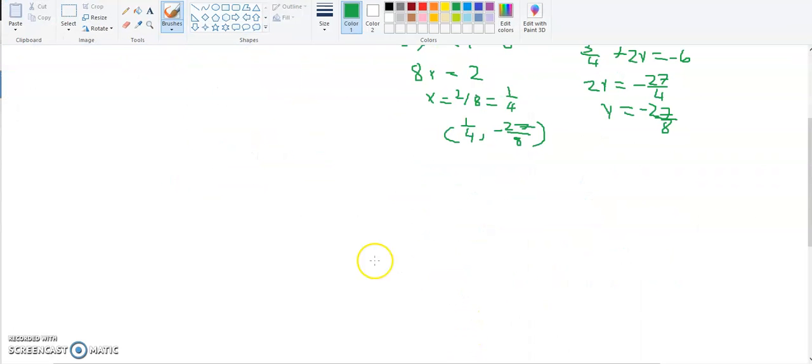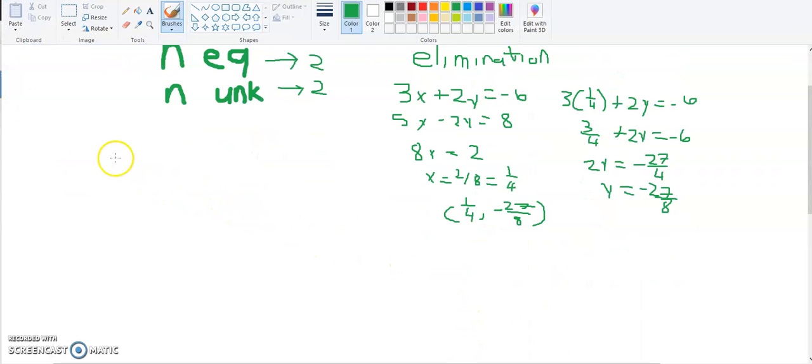Sometimes using elimination is not as straightforward. So if I have this system here, 4x plus 3y is equal to 10, and 2x plus 5y is equal to 32. At first glance, it doesn't seem like I can use elimination. But notice that 4x and 2x, well, 4 is a multiple of 2.